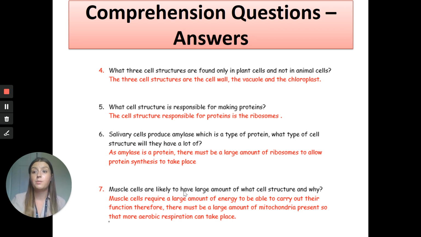We're not just thinking about exercise, we're thinking about your cardiac muscles and your heart and so on and so forth. Because we know that muscles require a lot of energy, what process is energy released from? It's released from aerobic respiration, or respiration. So therefore, there must be a large amount of mitochondria to allow that to happen.